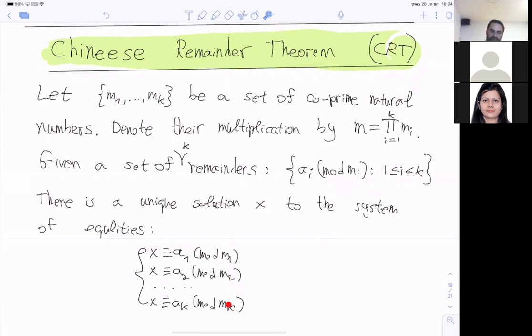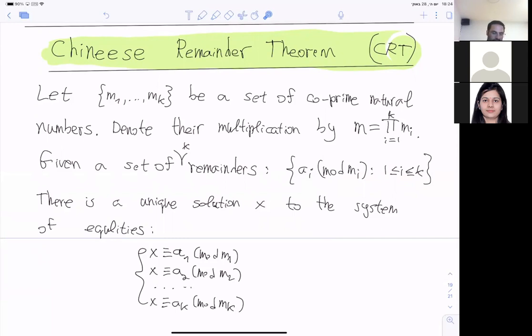So tell me who the remainders are, and I will reveal X. It's like tell me who your friends are, and I tell you who you are. But here it is in numbers.